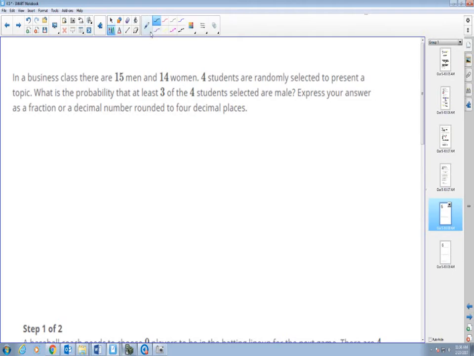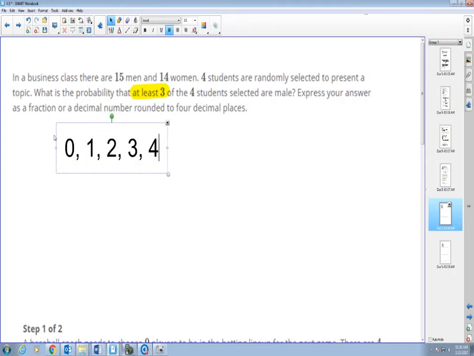So that word "at least" gives me the hint. My scenarios have to be 0 males, 1, 2, 3, all the way up to 4, because I'm only going to have 4 students selected. At least 3 are male, so that means 3 and more. So that's 3 and 4 is what I want.